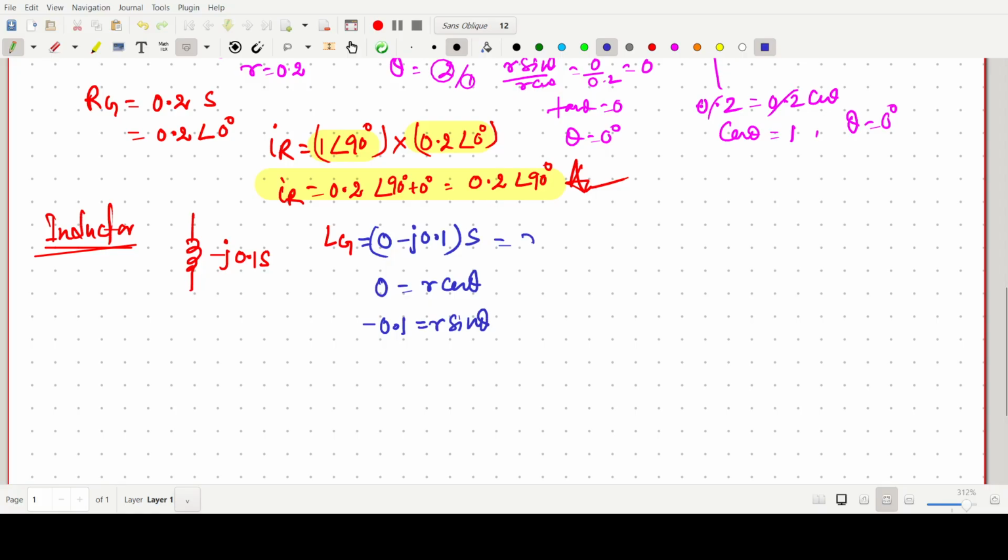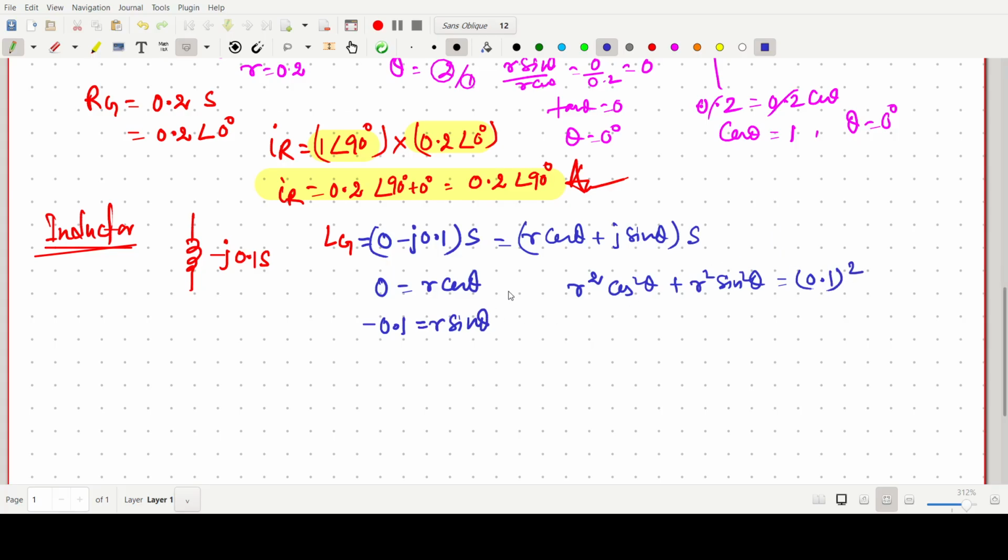I am writing this as r cos theta plus j sin theta first, into S. So now from here, r square cos square theta plus r square sin square theta equals 0.1 whole square.